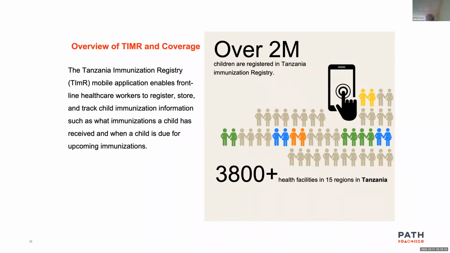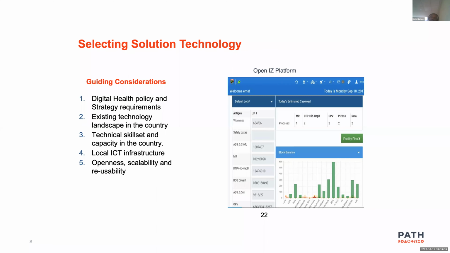Thank you. Yeah, so I would also like to share the experience in terms of selecting solutions or technology that can be employed for any country. First of all, whenever you are making a decision in terms of which technology to use for any program, for Tanzania, we had digital health policy and strategy requirements in place.